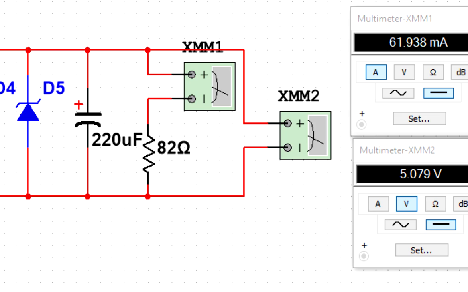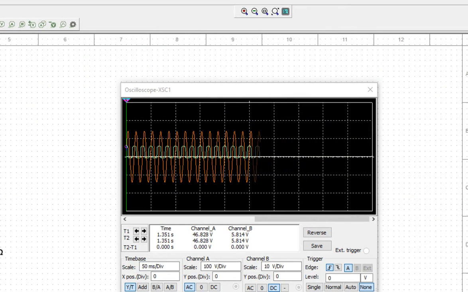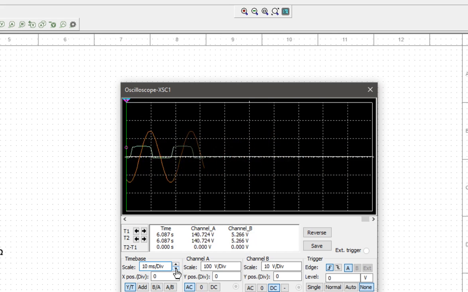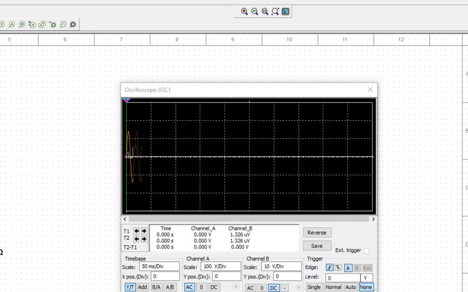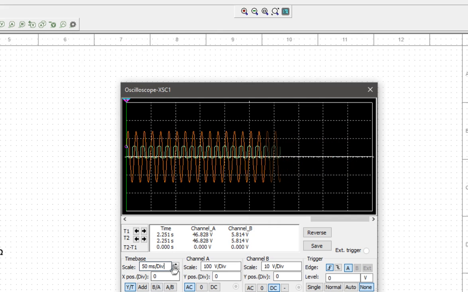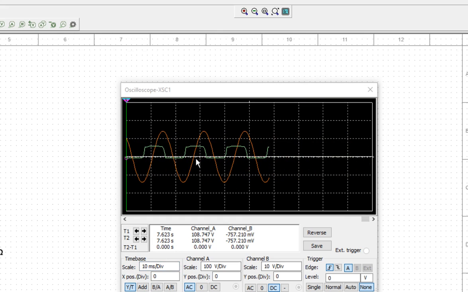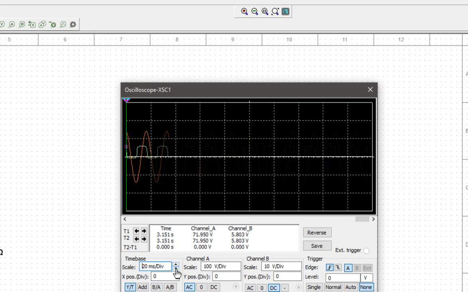Finally, using the virtual tools given by the software, the team analyzed the wave behavior and discovered that the input wave is a sine wave at 60 Hz, and the output wave is not what the team expected because it has a square wave behavior. It didn't look like a stable DC voltage.